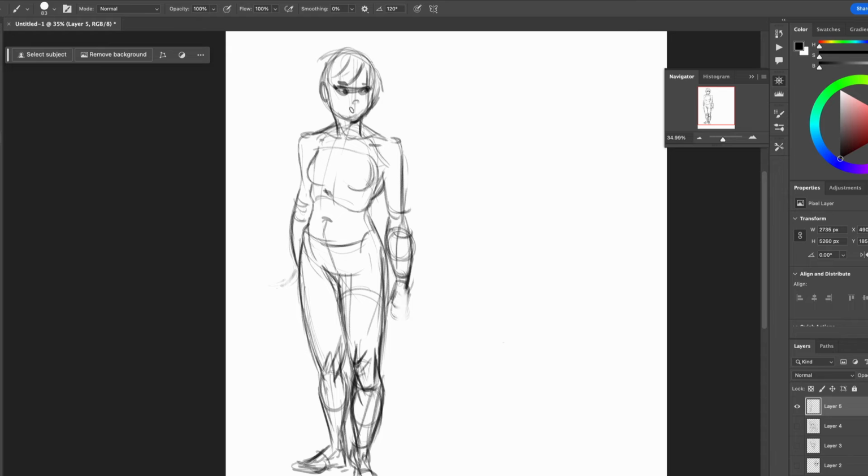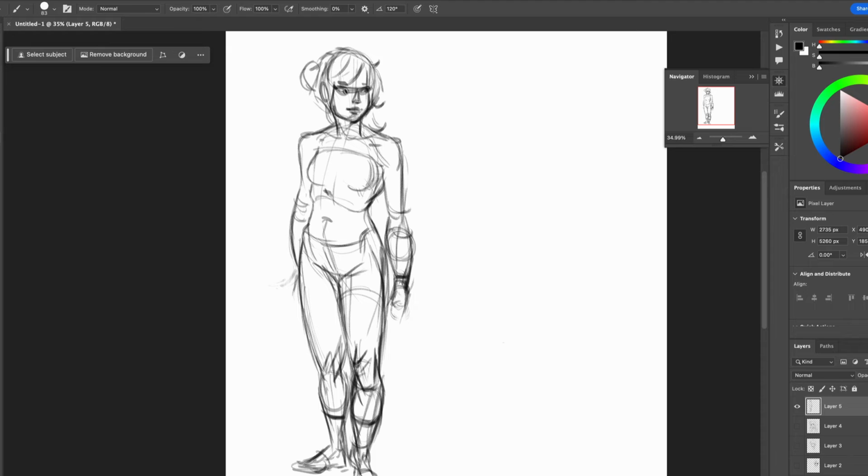The relationship between the rib cage, the pelvis and the legs is relatively even, right? But in an anime character, you might have the torso spaced up a little bit higher, and then the legs are much longer. So you get the legs being abstracted in an idealized way.